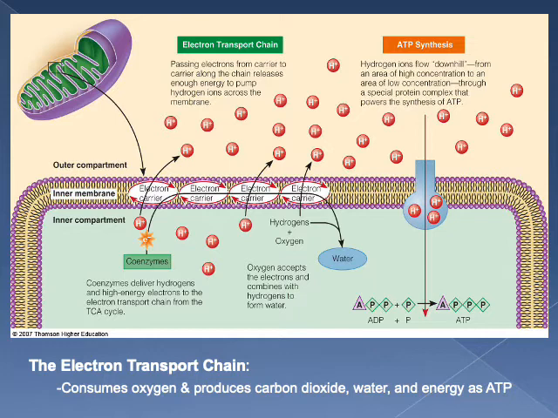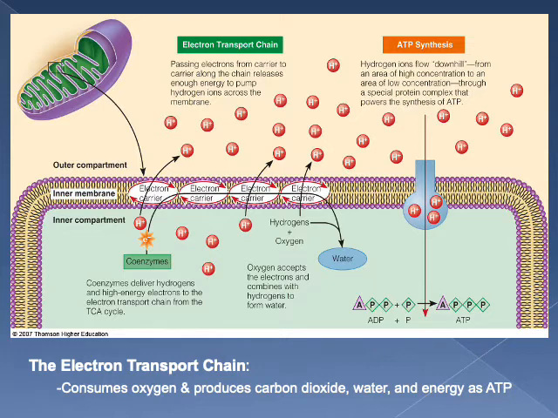And then up above, where it states electron transport chain, passing electrons from carrier to carrier along the chain releases enough energy to pump hydrogen ions across the membrane. Then oxygen accepts those electrons and combines with hydrogens to form water.